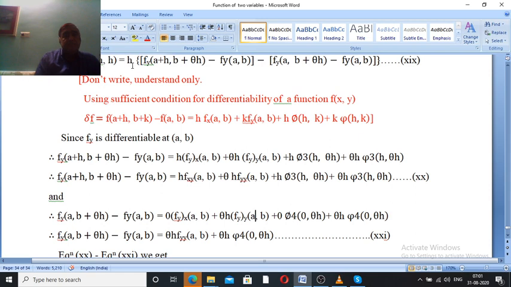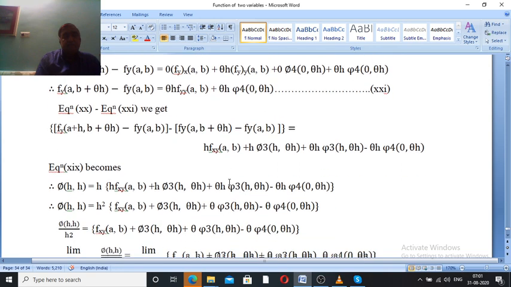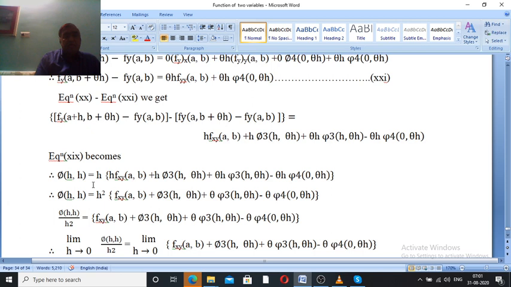Phi of h times the subtraction of these two expressions. We write directly phi of h times this right hand side expression. In this expression h is common to all. Therefore, h into h square fxy at point (a, b) plus phi 3 of (h, theta h) plus theta psi 3 of (h, theta h) minus theta psi 4 of (0, theta h).